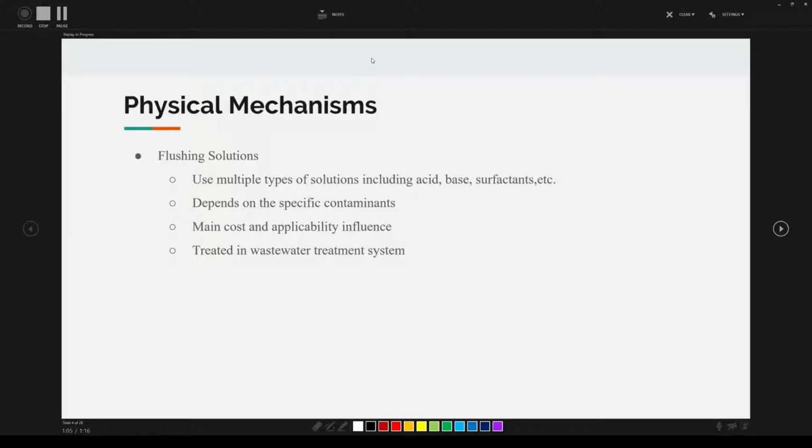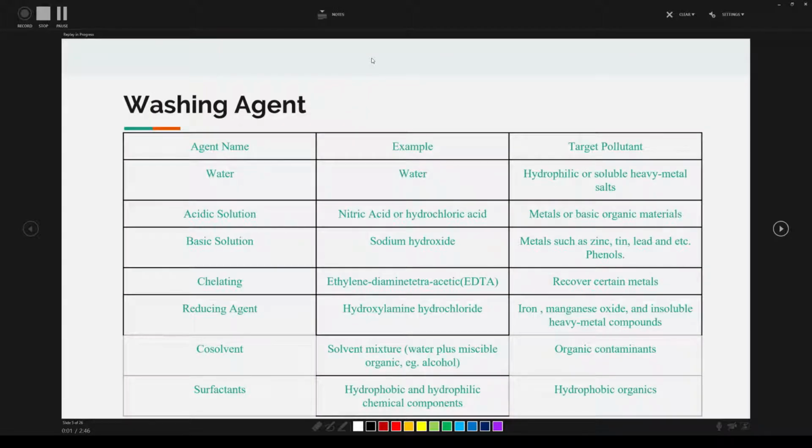In the next slides, I will introduce some main types of flushing solutions with some examples and how they work. Here is the table that presents the details for the washing agents, which are also the flushing solutions. The first one is the most common one.